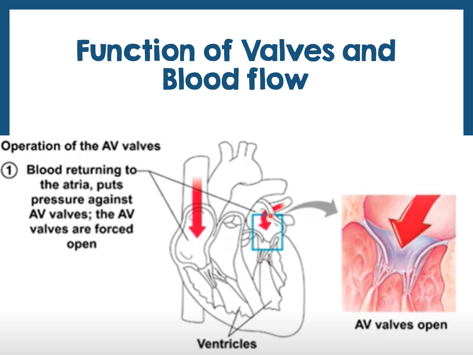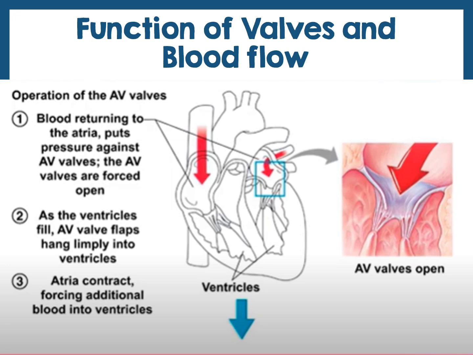At that time, the atria are relaxed, and that relaxation will allow blood to enter the atria. The blood flow will continue to fill up those atria, and then it will increase pressure, and that blood flow will put pressure on those AV valves, and then those will open as that pressure begins to build in the atria.